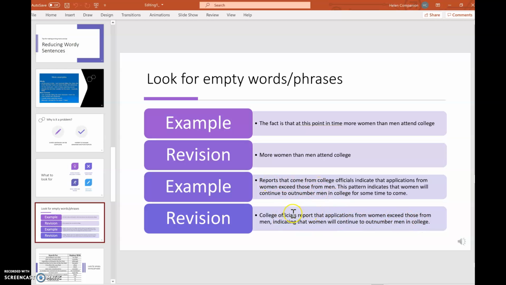We make college officials the subject, and we make report the verb instead. That part stayed the same. Instead of this pattern indicates, we change that to indicating that women will continue to outnumber men in college, and we can assume that it's going to be for some time to come, so we'll just take that out.